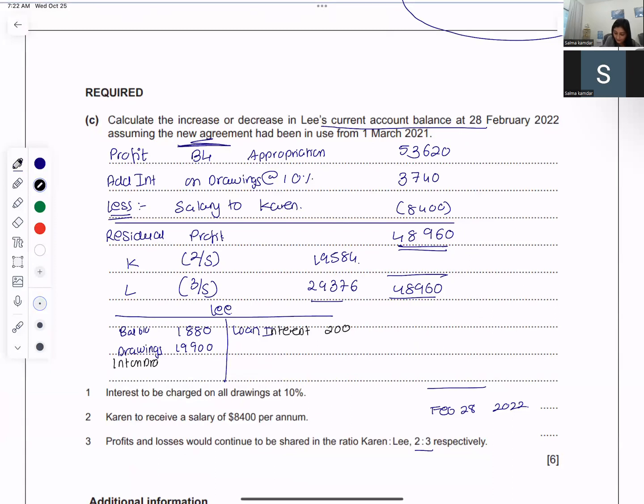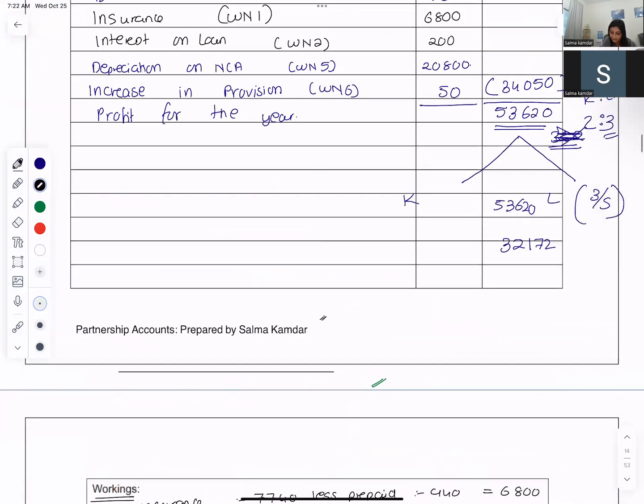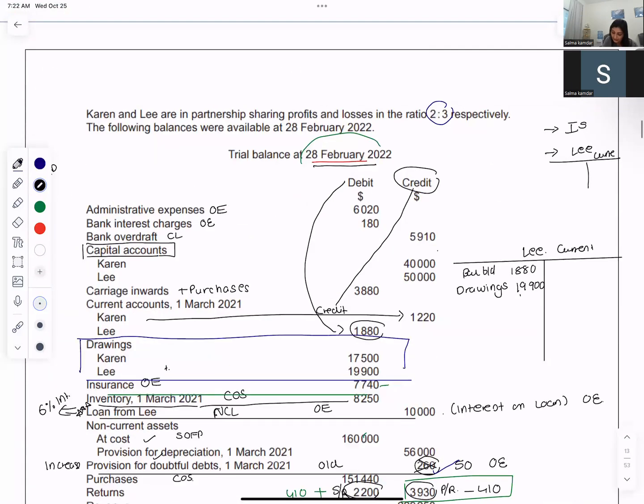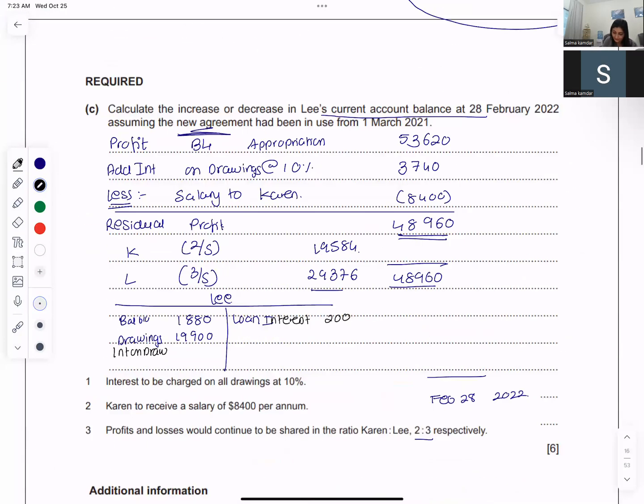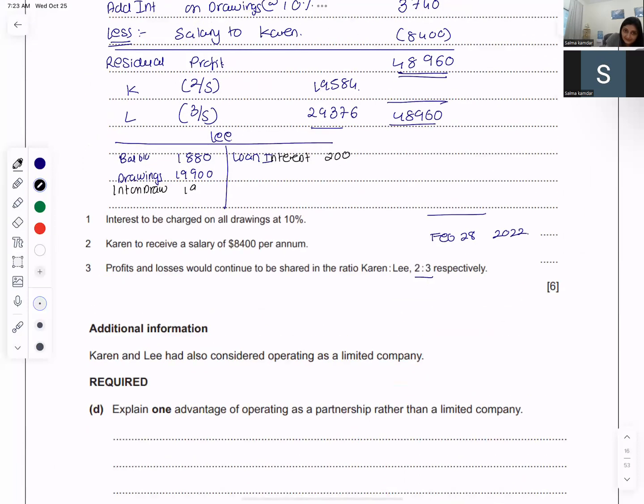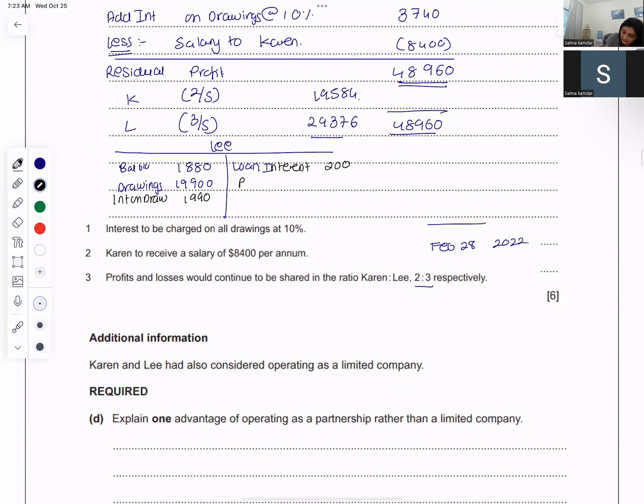Interest on drawings for Lee is how much? What was Lee's drawings? Go back to the question. Lee's drawing was 19,900 into 10%. So the interest is 1990.